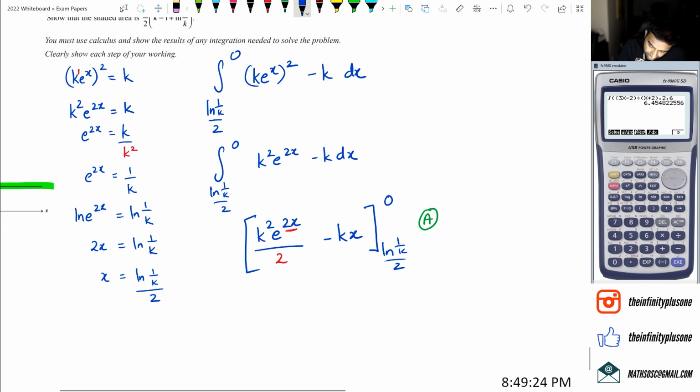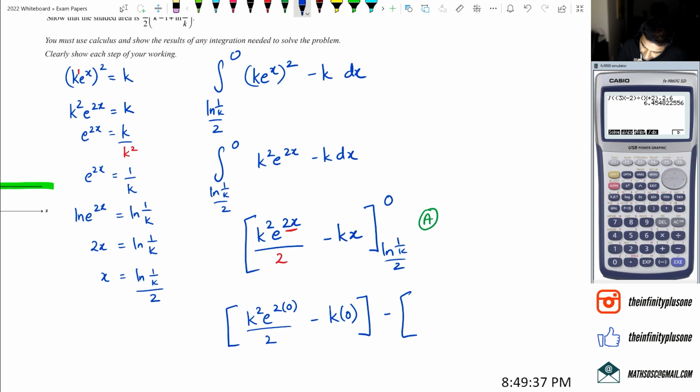So the next line, you're actually going to be looking at a merit, because you got k squared e to the power of 2 times 0 over 2 minus k times 0, minus, now here's when things are going to get really quite ugly here.